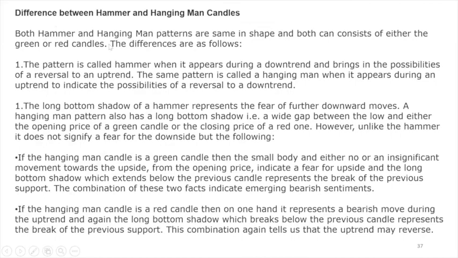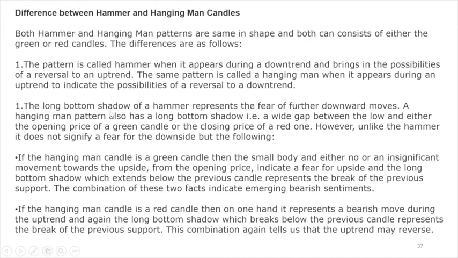The difference between hammer and hangman candles: both hammer and hangman patterns are the same in shape. Both can consist of either a green or red candle. The pattern is called a hammer when it appears during a downfall, bringing the possibility of a reversal of the downtrend. The same pattern is called a hangman when it appears during an uptrend, as I already explained to you.